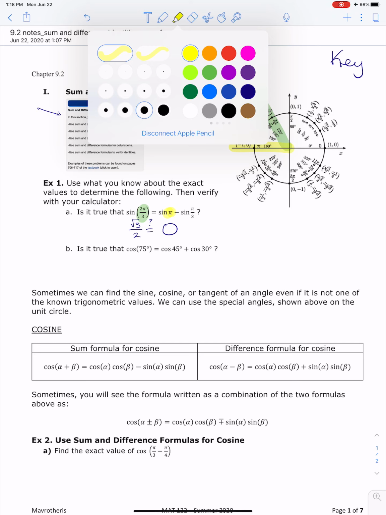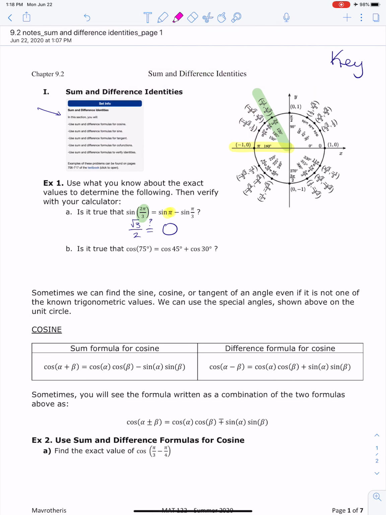And we are looking at the sine of pi over 3. Pi over 3 is right here in the first quadrant. Sine is square root of 3 over 2. And so on the left-hand side, we have positive square root of 3 over 2. On the right-hand side, we've got 0 minus the square root of 3 over 2, so negative square root of 3 over 2. So no, these are not equal.